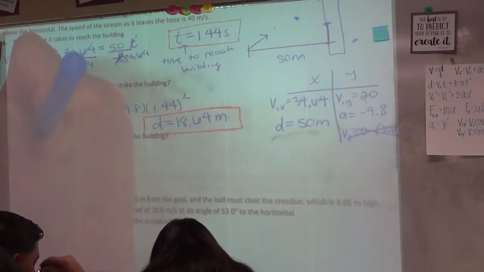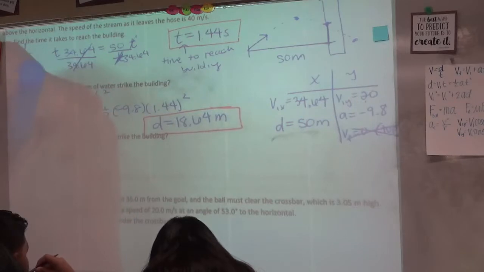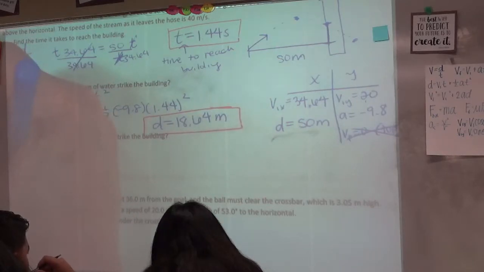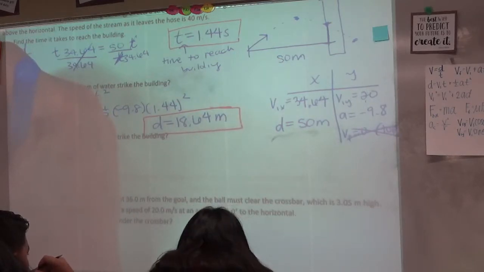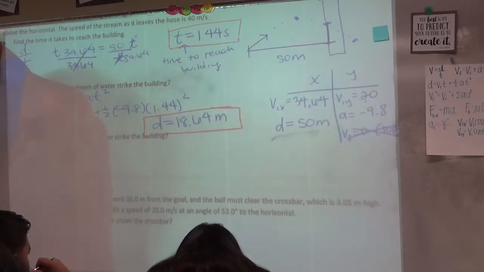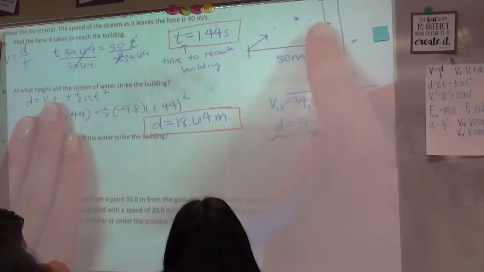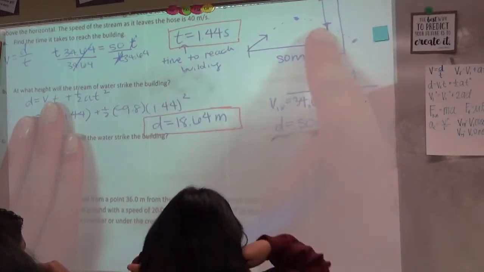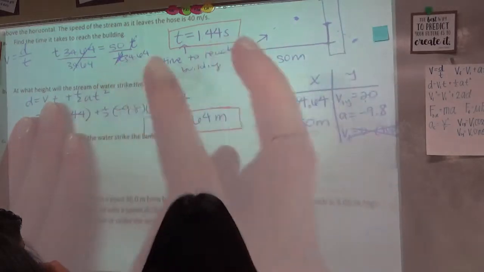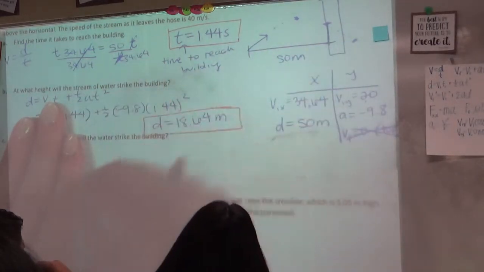No, because initial is at the very, very start. I want the total velocity when? At the top? No. When the water strikes the building. So I want the total velocity at 1.44 seconds, correct? Okay, so in order to find total velocity, there's two things you need at a point. What are the two things?